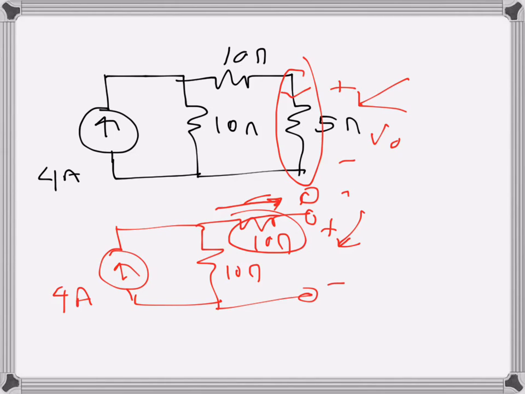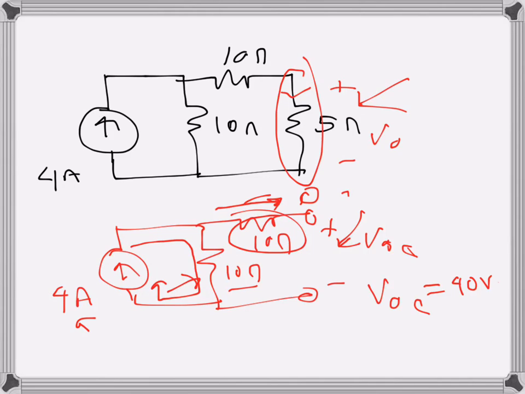So V open circuit, which is here, will be just the drop across this 10 ohms resistance, and since this is a 4 ampere current source, the current will be 4, which will flow like that, and the drop will be 10 times 4, that's 40 volts. So that is our VOC.